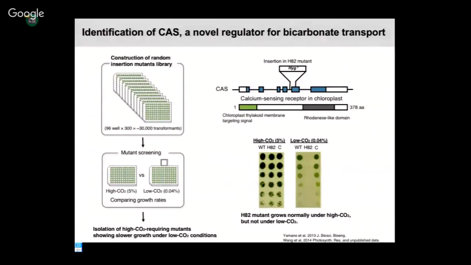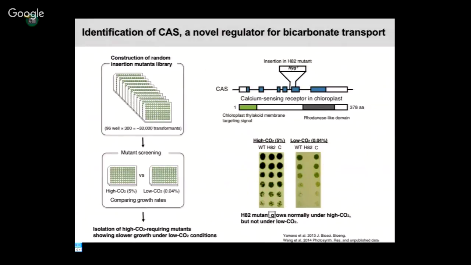So the normal cell can grow under high CO2 and also under low CO2, because they can induce a CCM to support CO2 fixation. But some mutants which cannot induce CCM cannot grow under low CO2 conditions. This is a good example, a very, very nice mutant he found by chance.